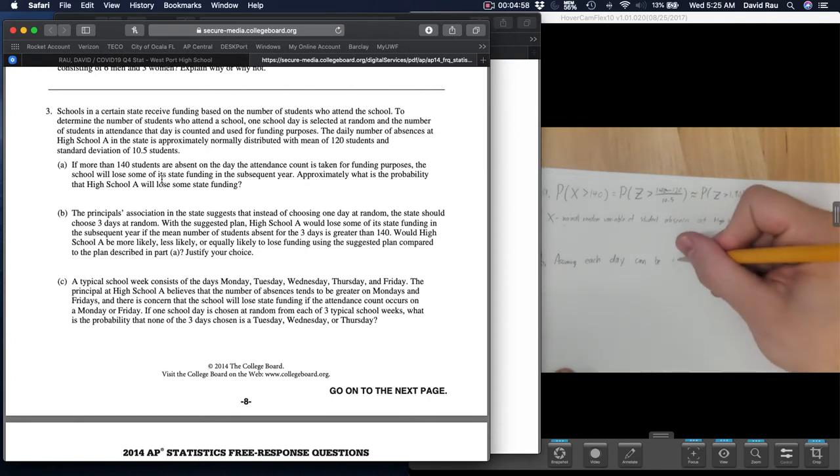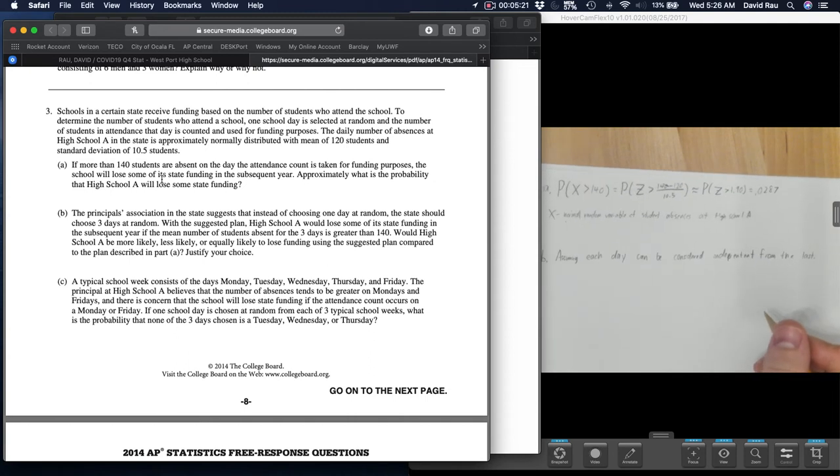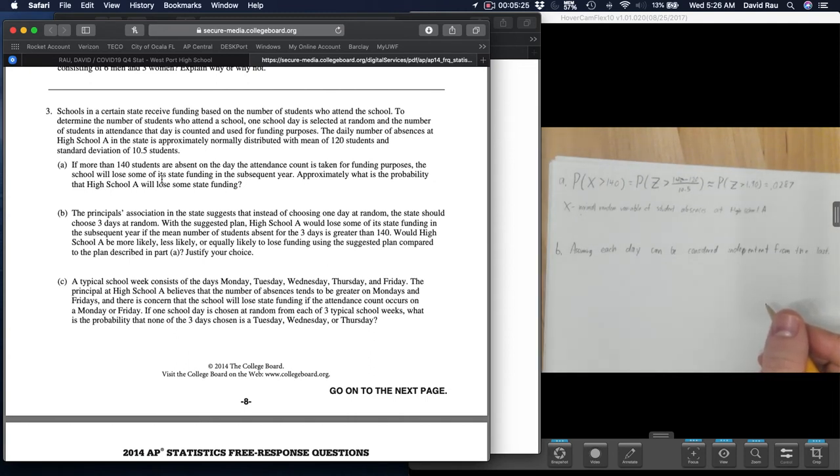each day can be considered independent from the last, if the mean absences are greater than 140.